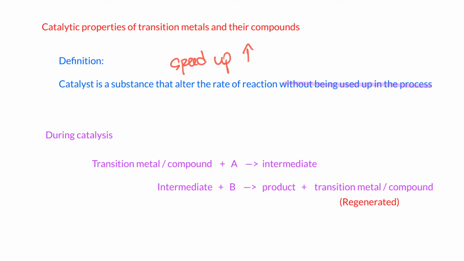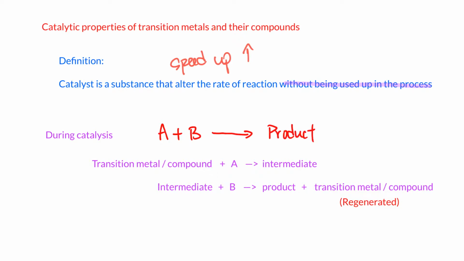So let's have a look. During catalysis, what really happens? This is one of the possibilities. When we have the transition metal or its compound, it will first combine with one of the reactants. Maybe the equation looks like this: A plus B gives the product.